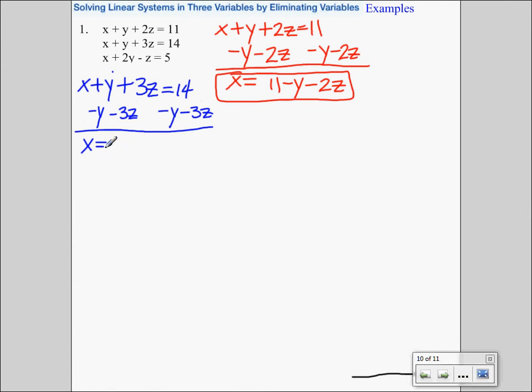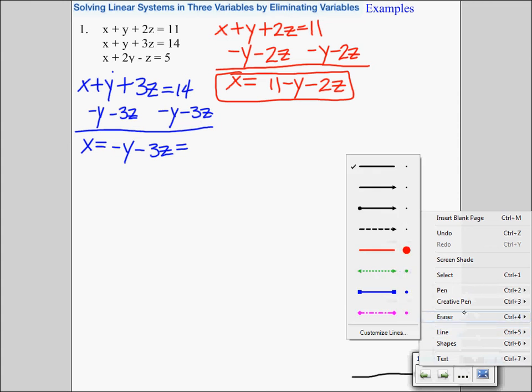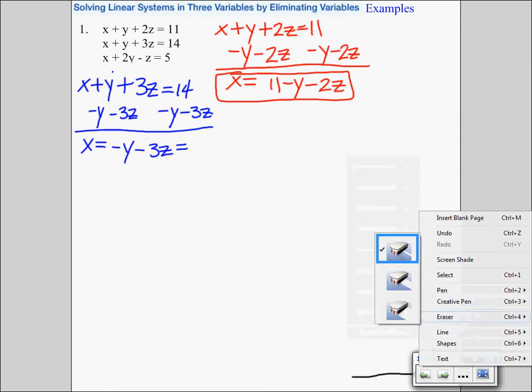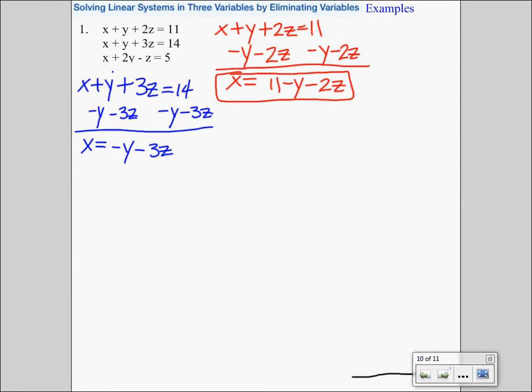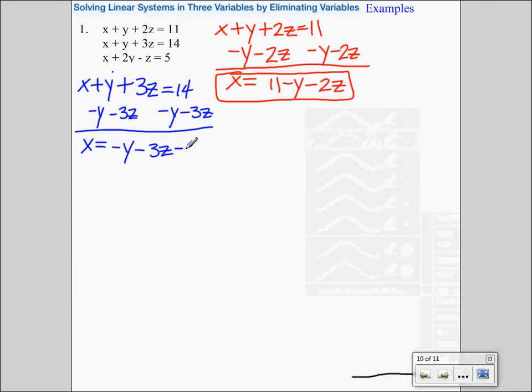So we're going to get x equals negative y minus 3z, no, excuse me, that should not be equals, that should be plus 14. Okay, and I'm going to box this now.